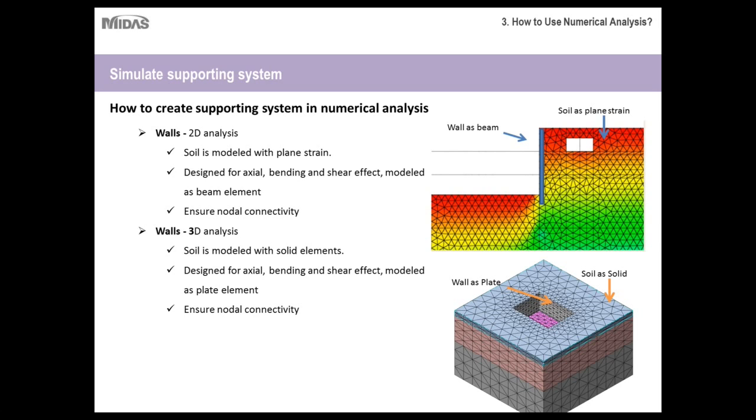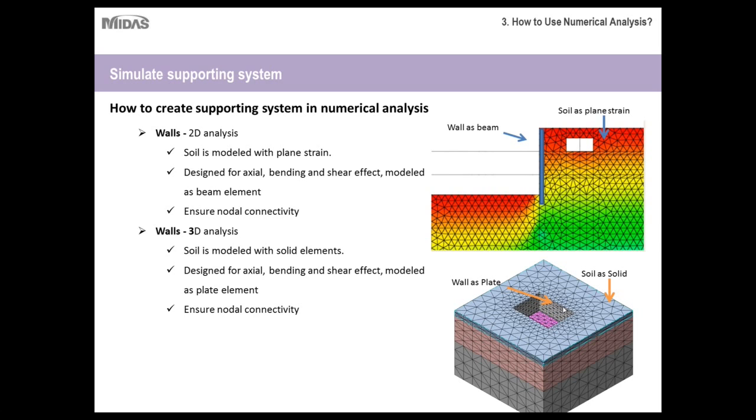And if you are dealing with a 3D excavation problem, then the soil is modeled with solids, and as you can see, the wall is modeled with plate elements, and the colors of the two meshes are different. So it goes to show that there is a different member type, with different material properties and a different mesh.